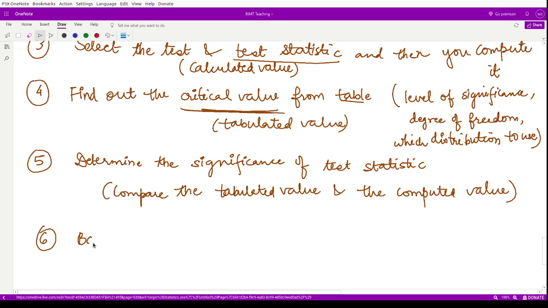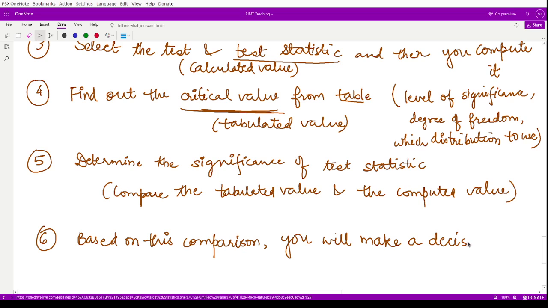So based on this comparison, you will make a decision about accepting or rejecting the null hypothesis.